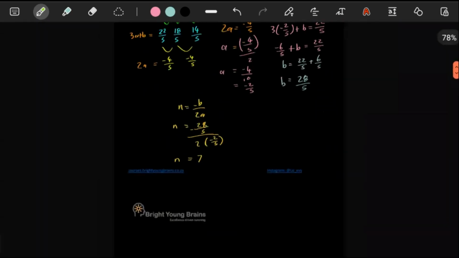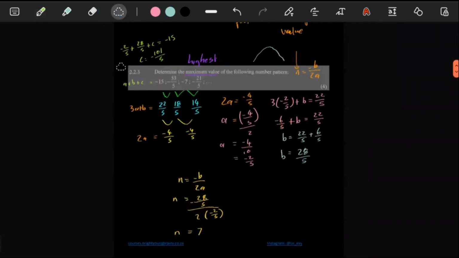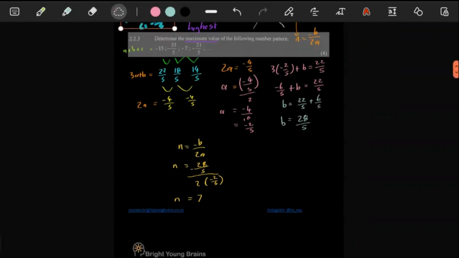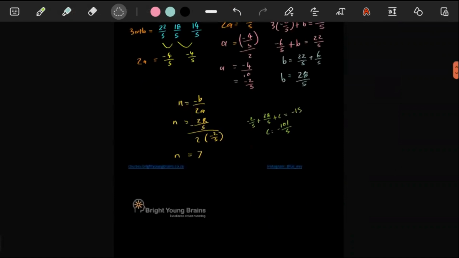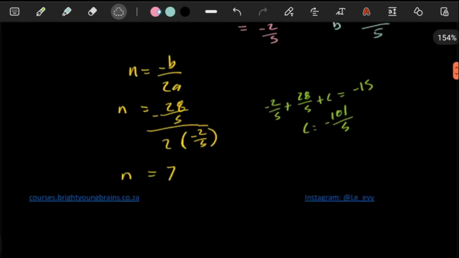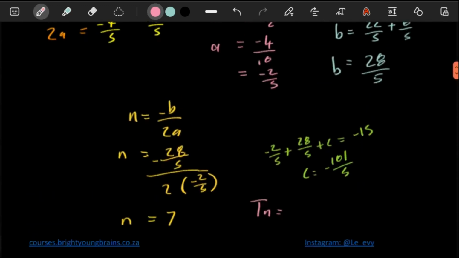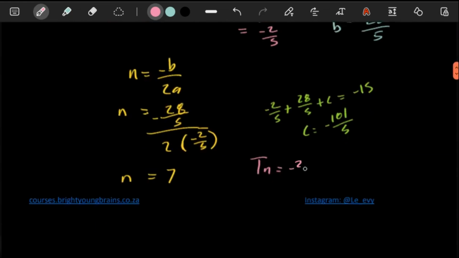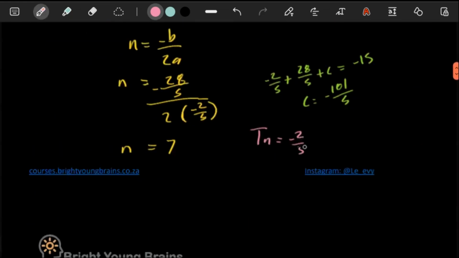Wow, at least I gave myself space down here. So let me actually write down there so that things have some kind of a flow to them. With this being said, we can now get our Tn. So Tn is equal to, this is fine because our a value is negative, which is good because you see this is a frowning face. So this is Tn for, what is our b value?